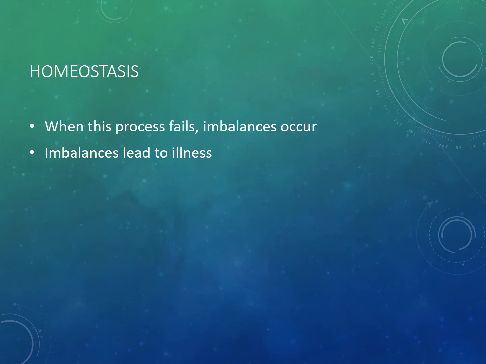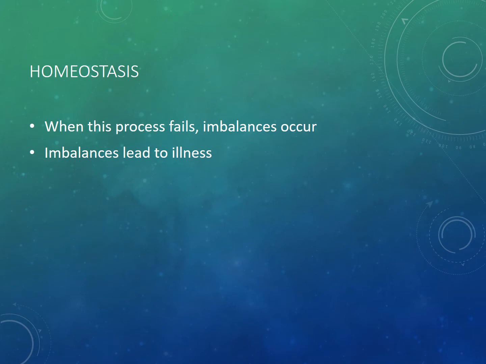And actually, if you want to get real technical, it's not just the kidneys that excrete. Remember, the skin and our lungs are all part of that excretion, but the kidney does do most of it. So just to clarify. Now, when the process of homeostasis fails, then imbalances happen.